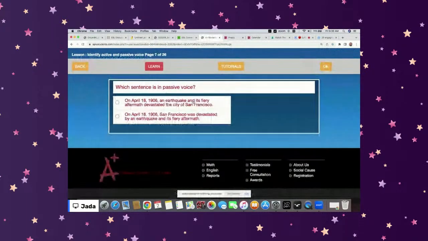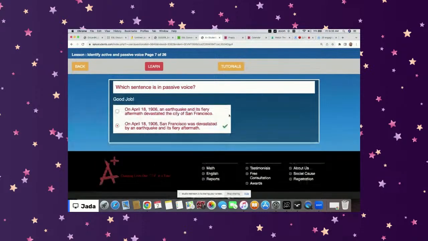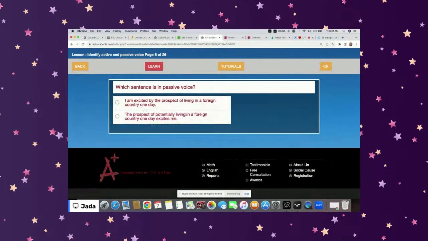Which sentence is in passive? On April 18, 1906, an earthquake and its fiery aftermath devastated the city of San Francisco. On April 18, 1906, San Francisco was devastated by an earthquake and its fiery aftermath. So, San Francisco was devastated. Now, I am excited by the prospect of living in a foreign country one day.